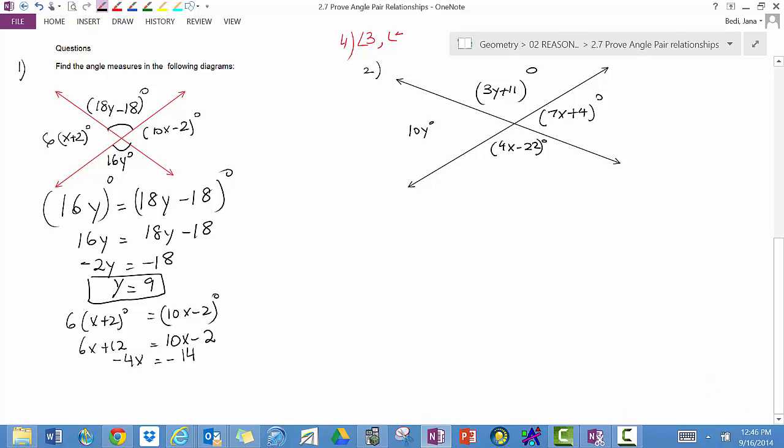Okay, divide both sides by negative 4 and negative 4, and you get x is equal to 7 over 2, and x equals 3.5.